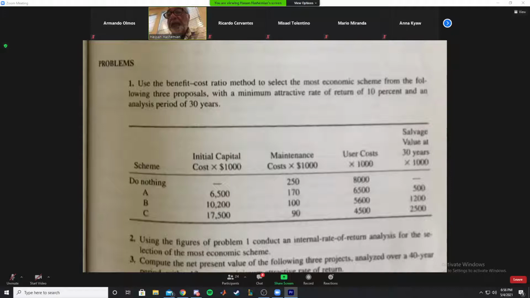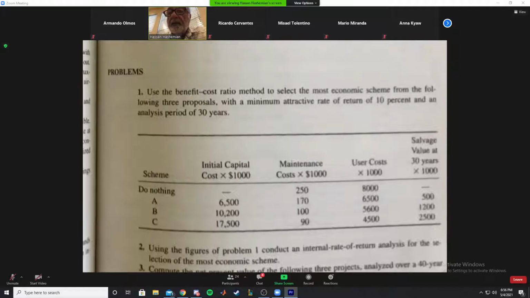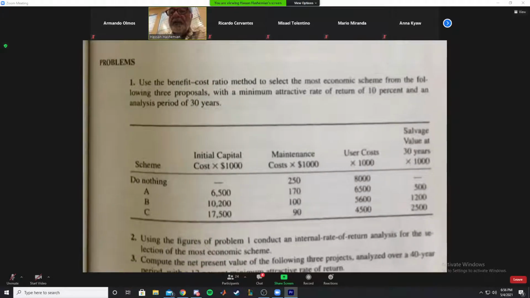Now, the only thing that you have to do here is recognize what is the benefit and what is the cost. The initial cost, that's the cost. So we have the cost over here, and that's the P, present.